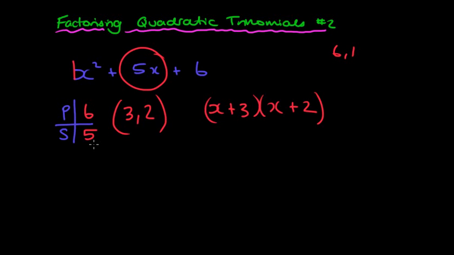So hopefully you'll get to a point where you'll see x squared plus 5x plus 6, and you'll simply be able to say, okay, it's going to be x plus 3, x plus 2, or maybe it might be x plus 6, x minus 1, and being able to work that out. It's a really good thing to be able to do without having to write P&S down, but obviously if all else fails, P&S will work like a charm.